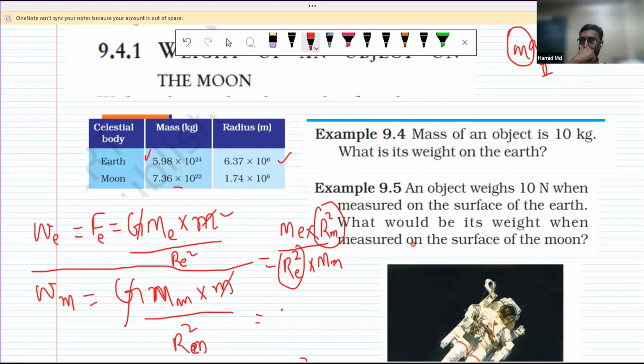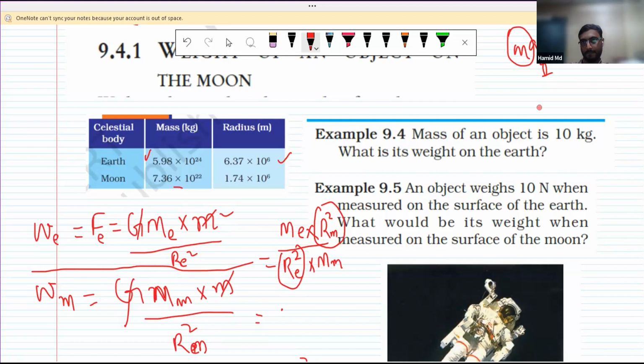Sir, what is the unit for this answer? Will it be Newton? Now you tell me, will it be Newton or something else? What is the unit? Newton is the unit for force.